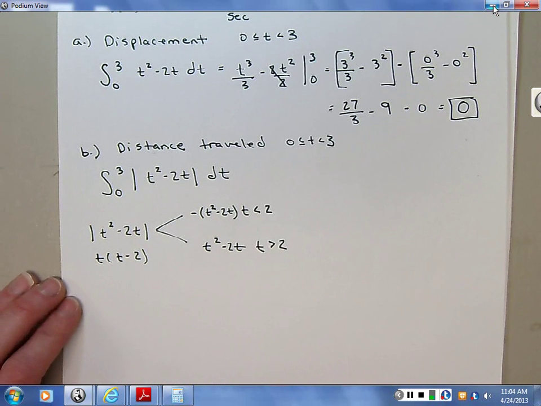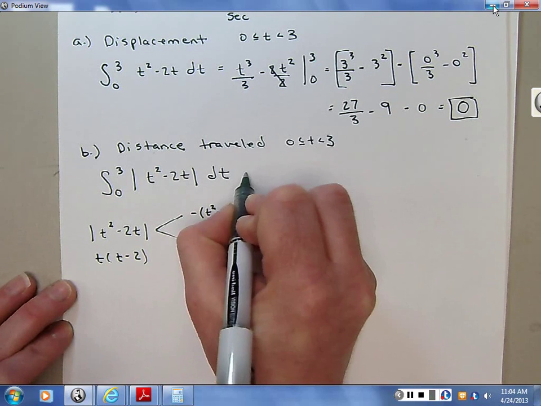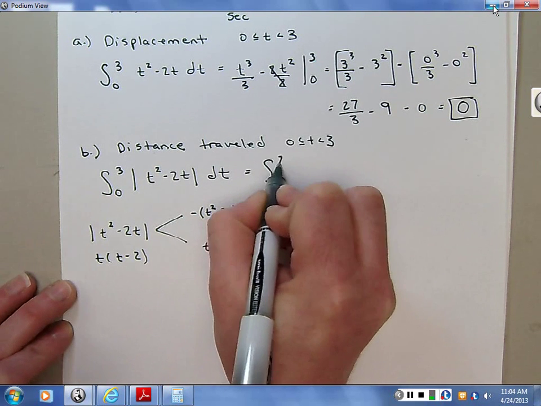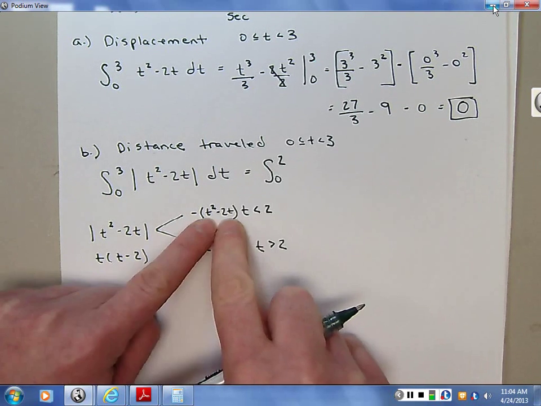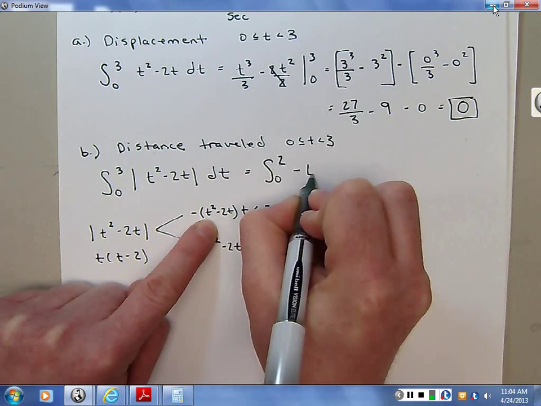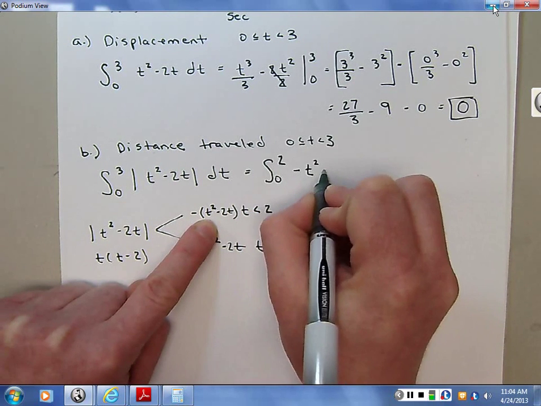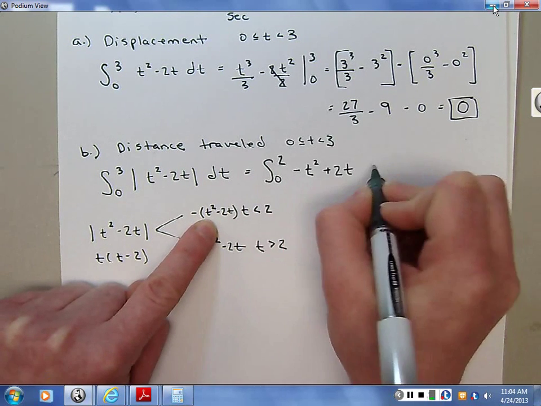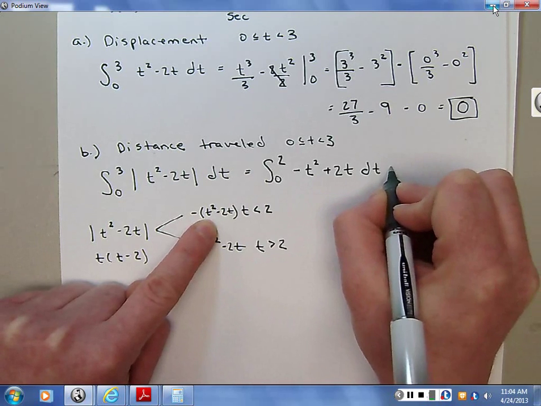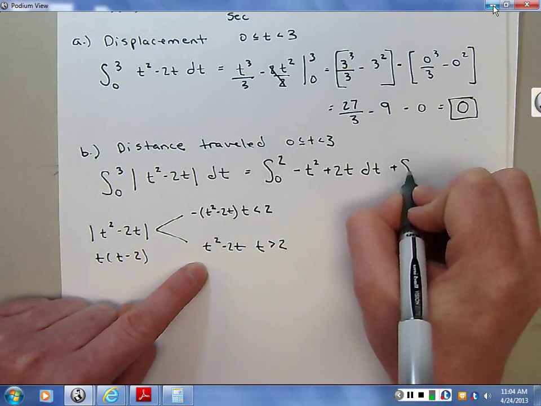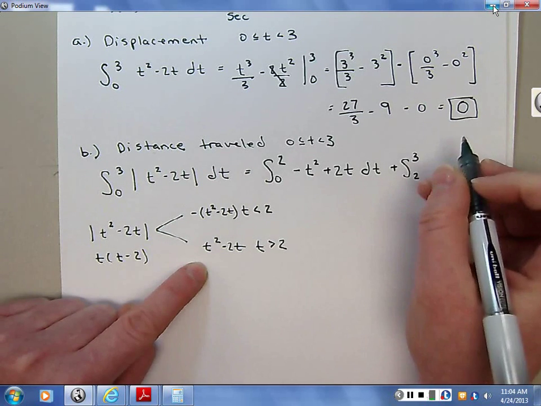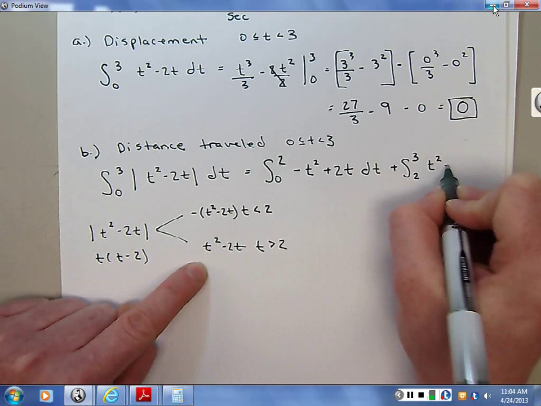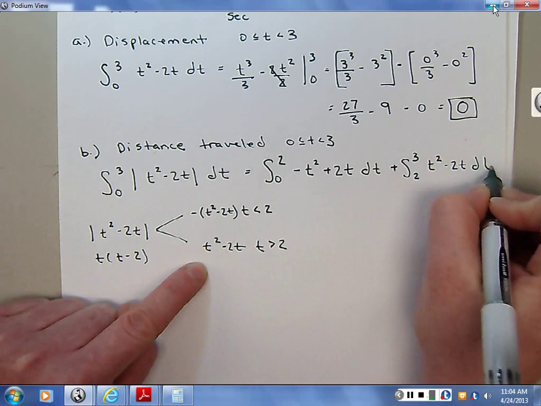So now if I want to integrate this, I'm going to have to break this up. From 0 to 2, I'm integrating this function, minus t squared plus 2t dt, plus the integral from 2 to 3 of t squared minus 2t dt.